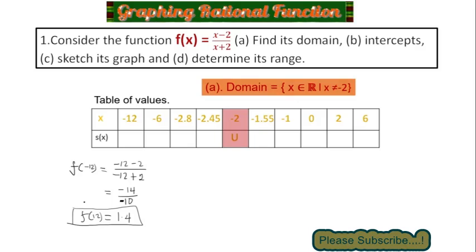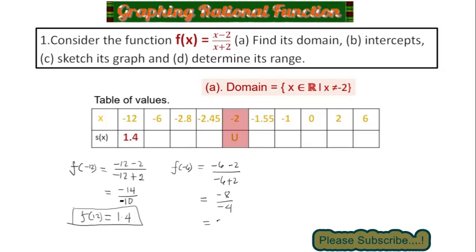Okay, how about if x is negative 6? If the value of x is negative 6, what is the value of the function? By substitution into the given function, we have negative 6 minus 2 over negative 6 plus 2, that is negative 8 over negative 4, which simply equals 2.